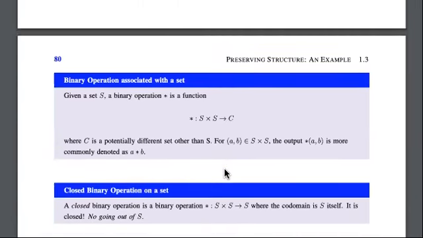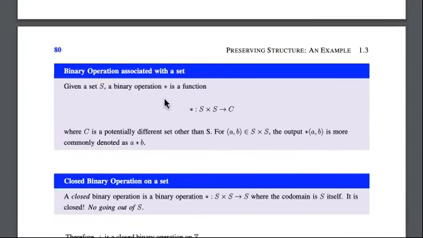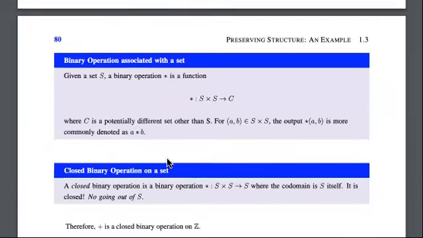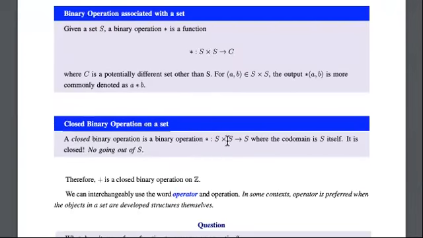We have a term here, binary operation, associated with the set. If we take a pair of things and we output something else, we could think of that as a binary operation, like A star B, whatever that is. A closed binary operation is when you actually output something in the same set itself.